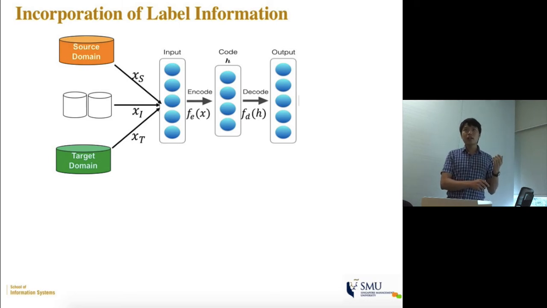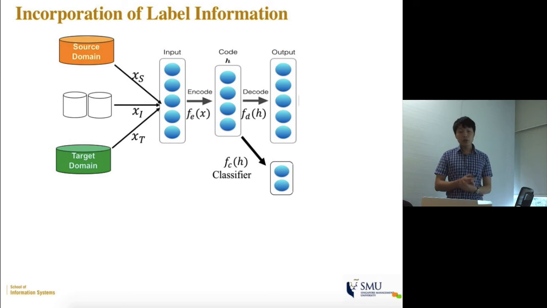You just feed the input vector, and then you will receive some hidden representation. But that hidden representation probably is not good for building the classification. So they want to have a better hidden representation by incorporating the label information into the network.